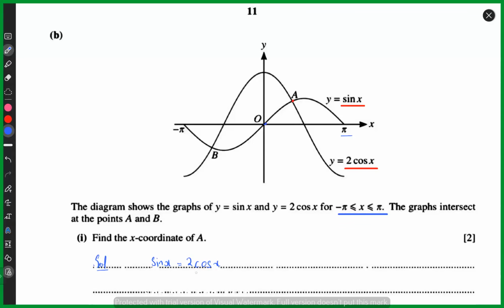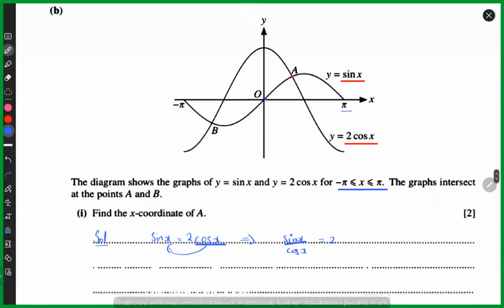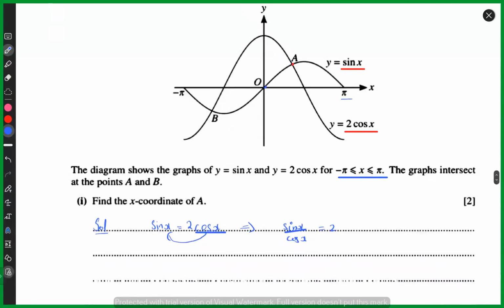So I'll just take this cos x on the other side, and this is going to give me sine x divided by cos x equals 2. Right. So what is sine by cos? Tan. Very good. So this was something that I told you guys to remember. This is tan x equals 2.